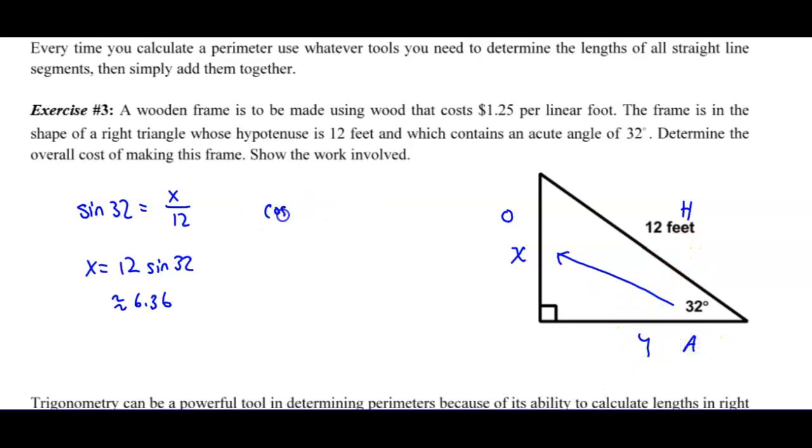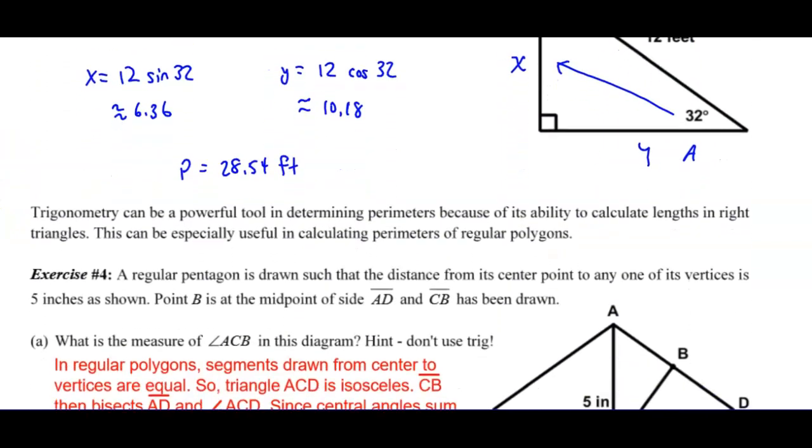So I can do cosine of 32 equals y over 12, and so y equals 12 cosine 32, and so I have a total of approximately 10.18. So those 2 lengths added to the 12, perimeter comes out to about 28.54 feet. So trig will come into play several times throughout the unit.